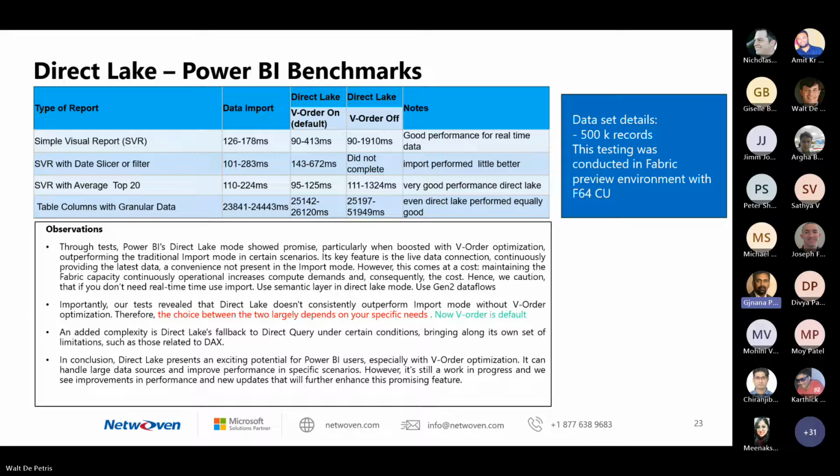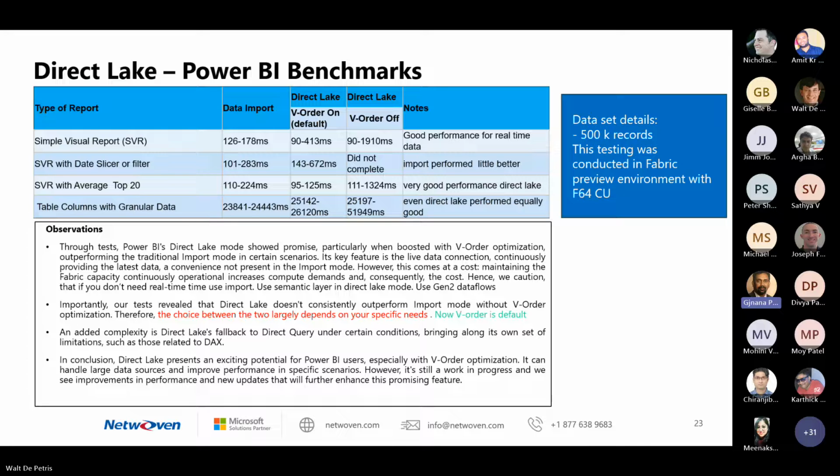With data import, it's 126 milliseconds to 178 milliseconds, whereas with Direct Lake default, it's 90 to 413 milliseconds. The benchmarks are very good with Direct Lake, but it goes up to 413 milliseconds. Because it is in preview, there are a lot of things being added by Microsoft, and sometimes it may slow down.